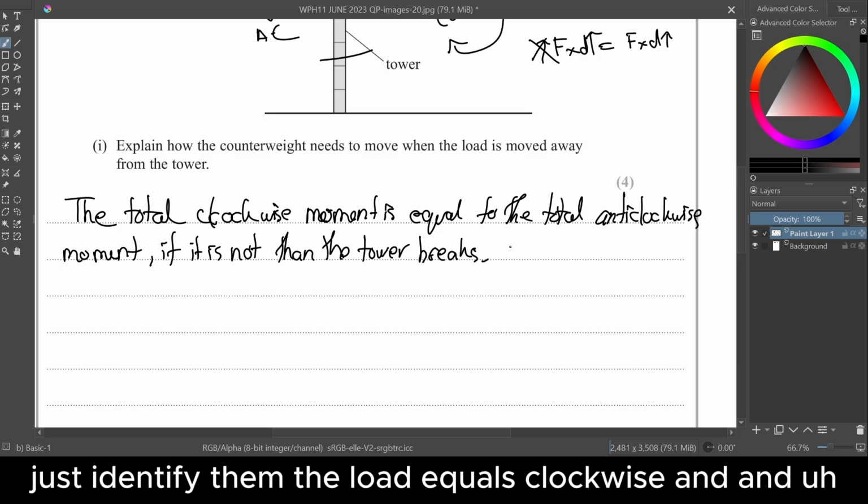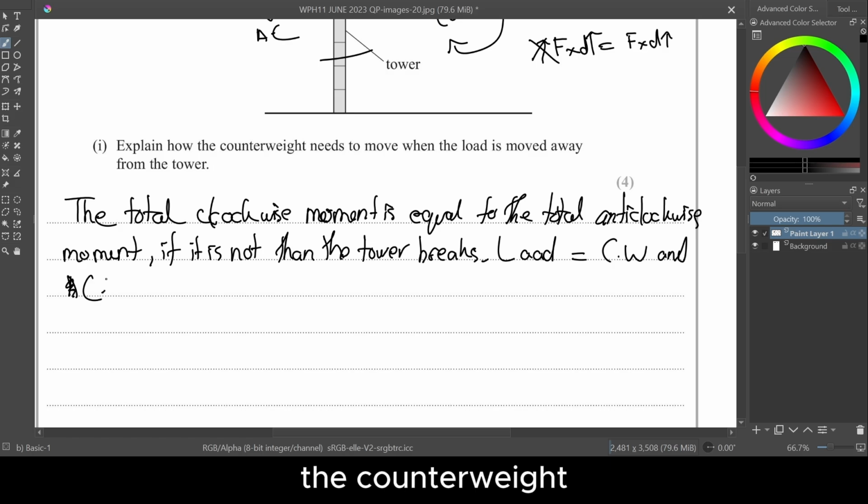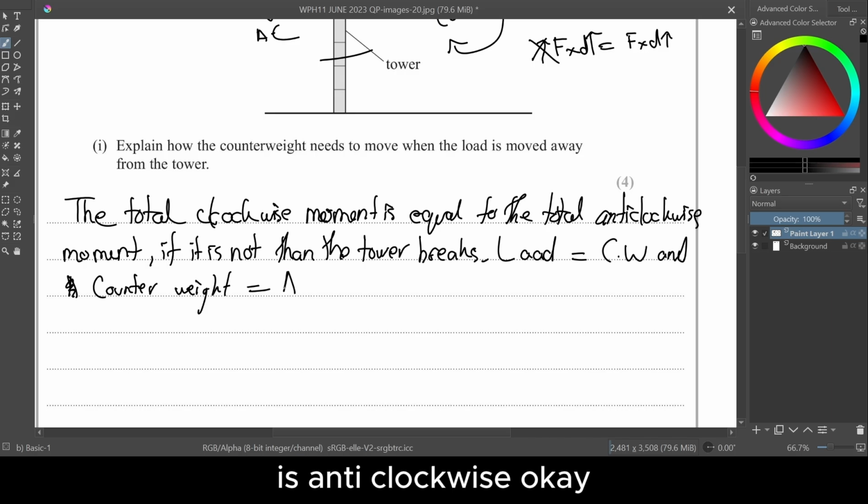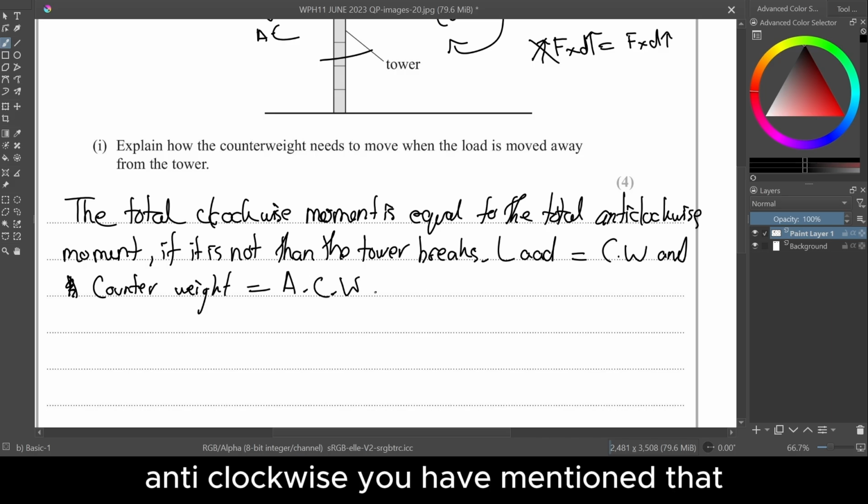Just identify them. The load equals clockwise and the counterweight is anti-clockwise. Okay, you have mentioned that.